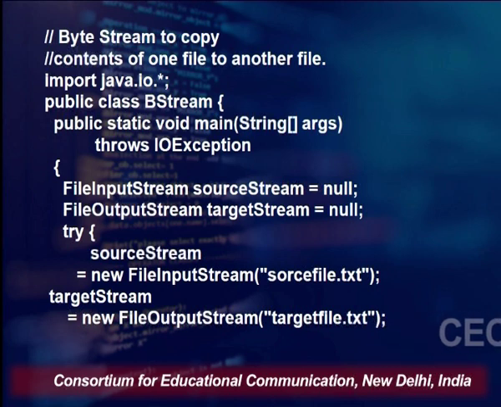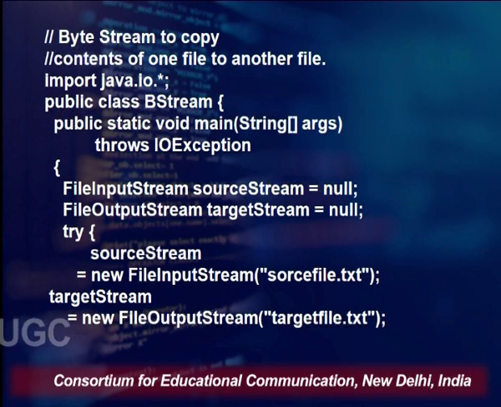And then what are we going to do? With this source stream, we will be assigning one particular file, and within this target stream also we will be assigning another file. At least the source file already exists in the system.